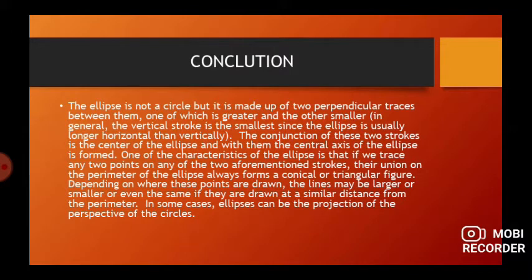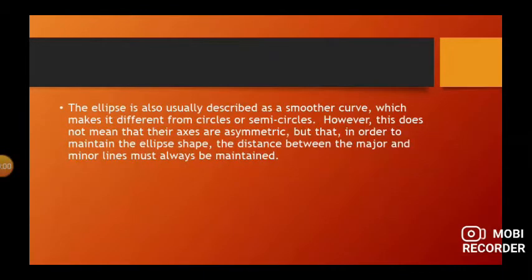In some cases, ellipses can be the projection of the perspective of circles. The ellipse is also usually described as a smoother curve, which makes it different from a circle or semicircle.